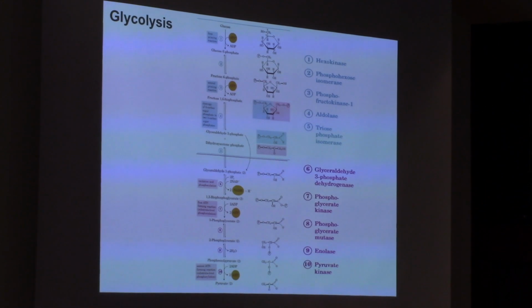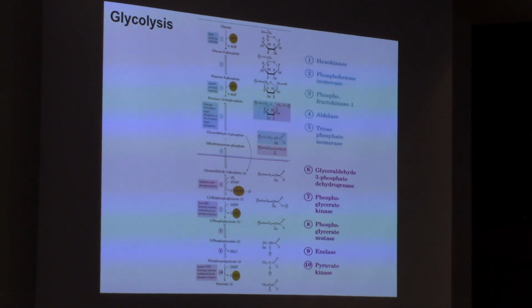In that reaction there is going to be glyceraldehyde 3-phosphate, and that is a really important reaction. First of all, from a mechanistic perspective, it's probably one of the more interesting enzymes in glycolysis. But you can also argue that it's one of the more important reactions because it involves NAD plus and NADH.